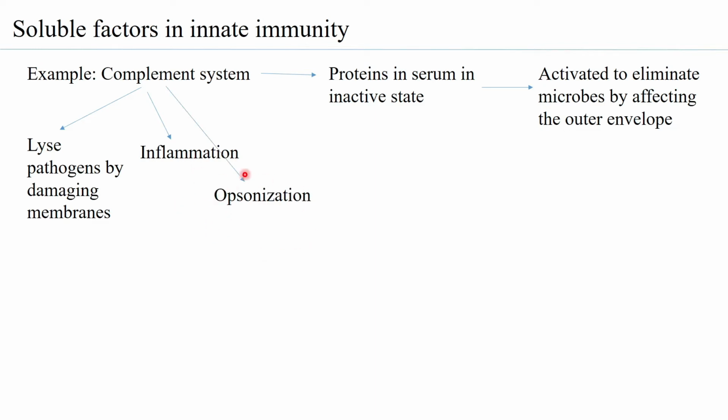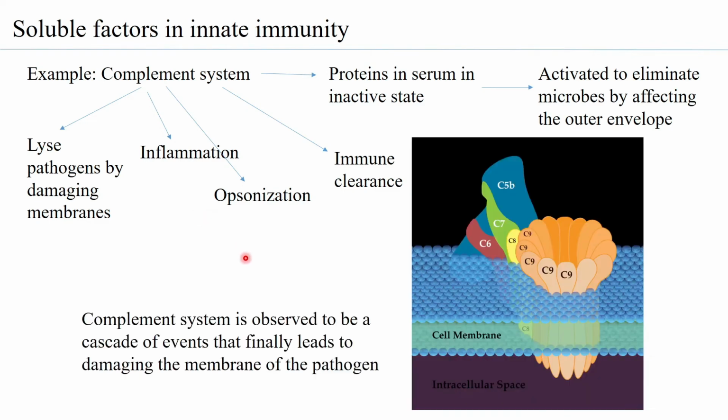You have opsonization. It is very clear that binding of the complement to the foreign particle is calling in several other molecules and cells of the immune system to eliminate the antigen that it has bound. You also have what is called immune clearance. In all, the complement system is eventually going to try to eliminate the foreign particles that have entered.